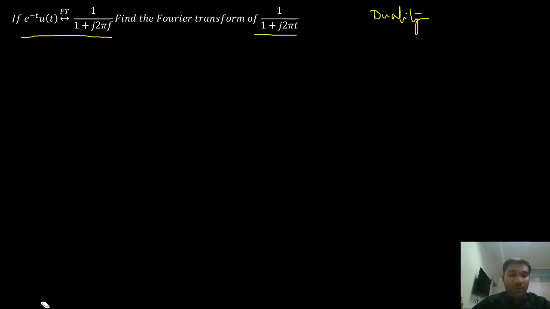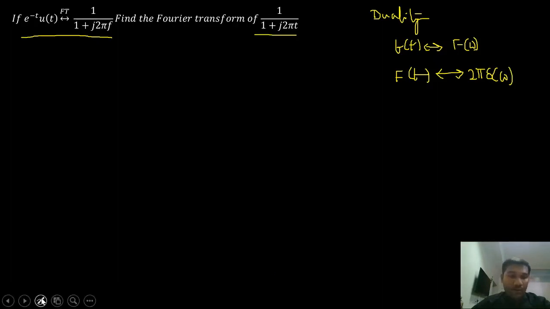According to duality property, if f of t has a Fourier transform capital F of omega, then capital F of t has the Fourier transform 2 pi, sorry, 2 pi small f of minus omega.